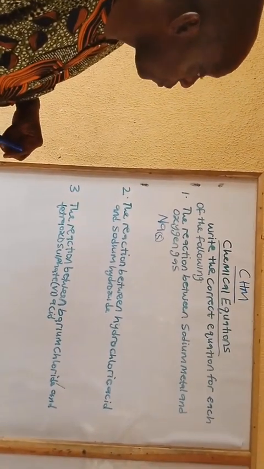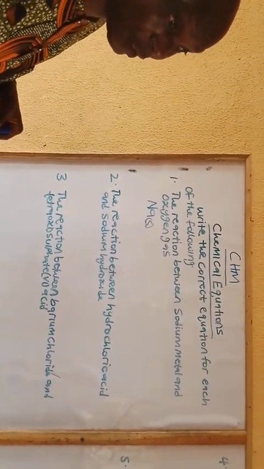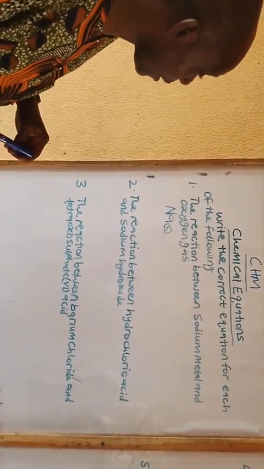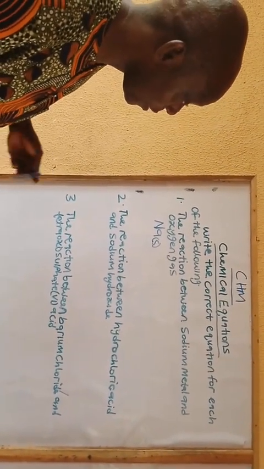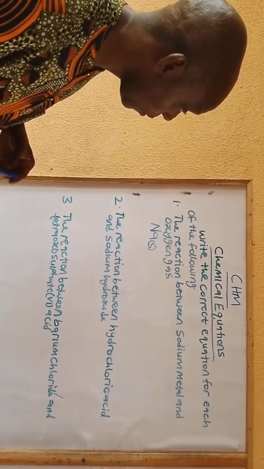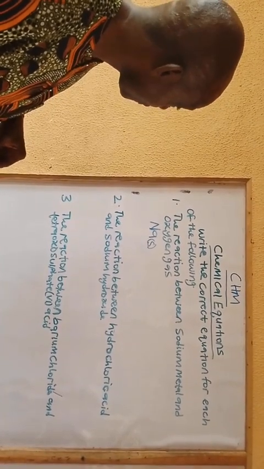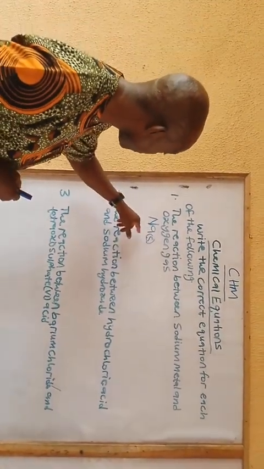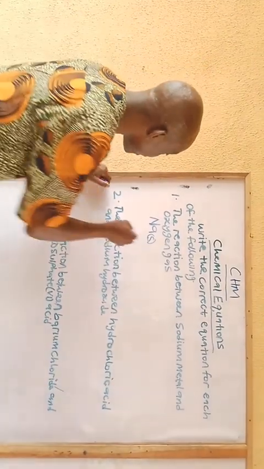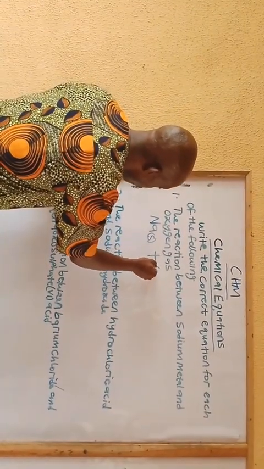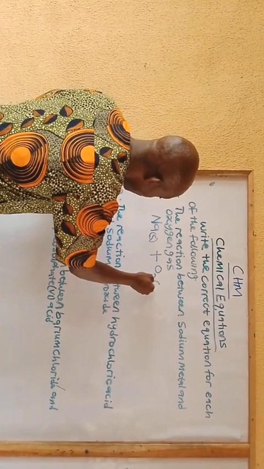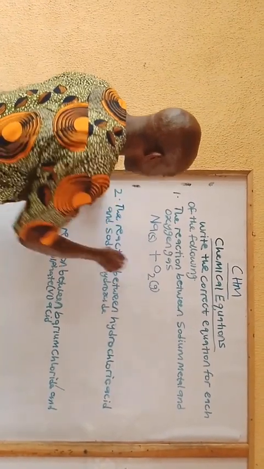You have to put them there. It is part of the mark that will be awarded when this type of thing is being marked in any of the public examinations. So sodium metal is solid, and oxygen gas, O2, which is what? Gas. The state is gaseous.